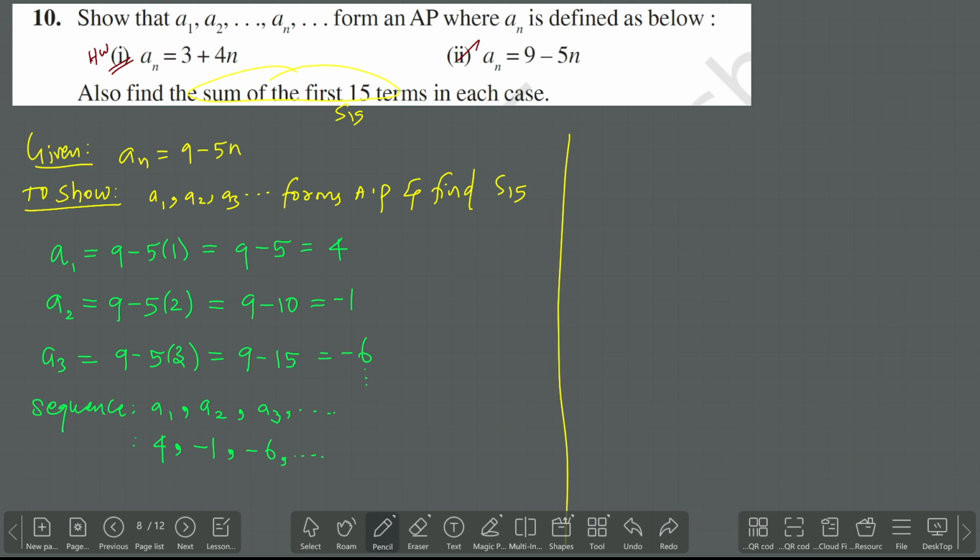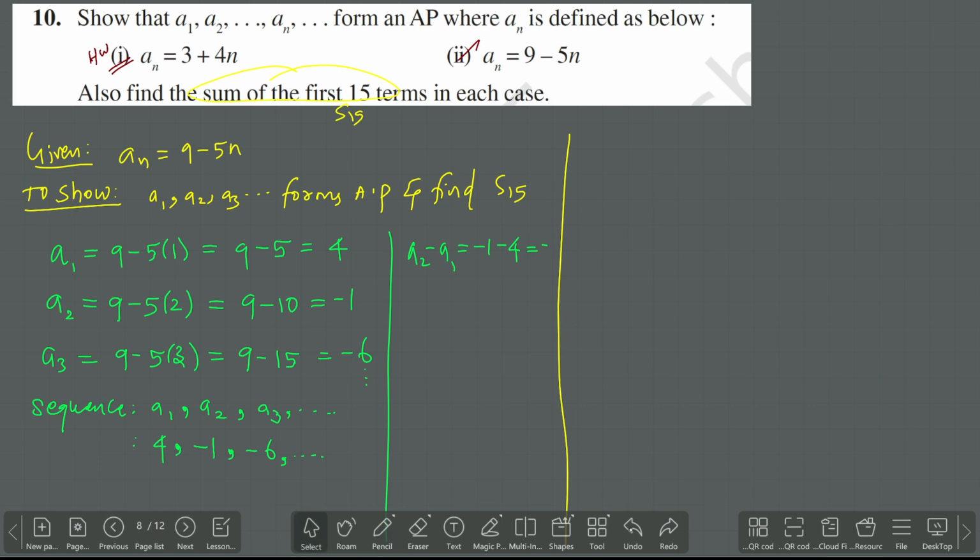We have to check whether it forms an AP or not. For AP we have to find A2 minus A1 and A3 minus A2, whether they are equal. Yes, it is. Now let me find A2 minus A1. A2 value is minus 1, minus the A1 value, which is 4, equal to minus 5.